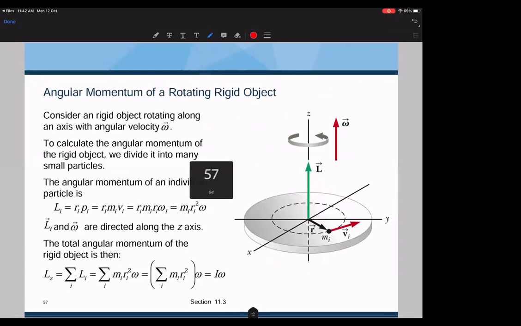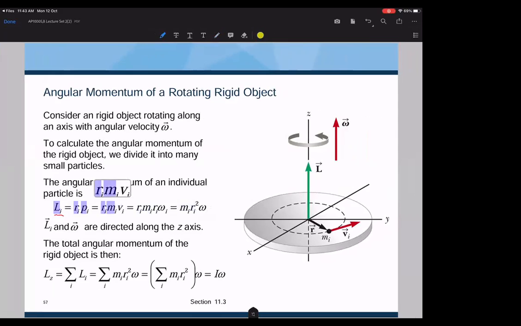For an extended object, which is a collection of particles, you could use a similar trick. You have the angular momentum of individual particles given in this equation, and then you add them together. Of course, at the end, that would become integration.